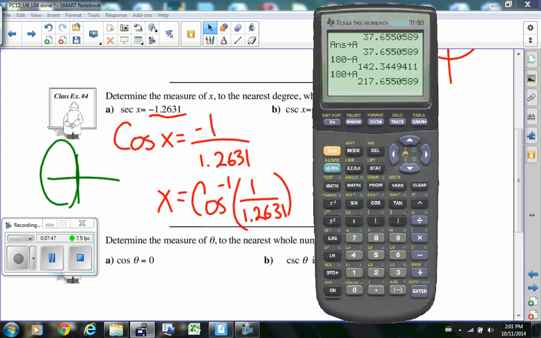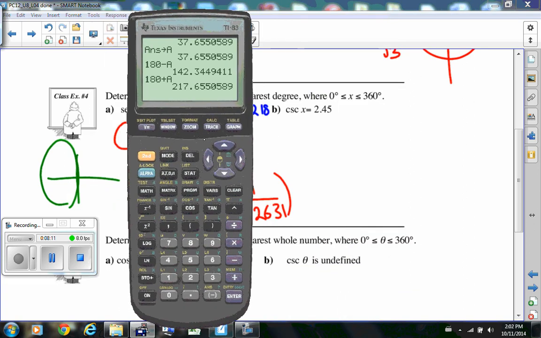So 142.3 or 217.7 will be my values that are good. Rounded to the nearest degree, this is 142 and 218, my two solutions for that one.